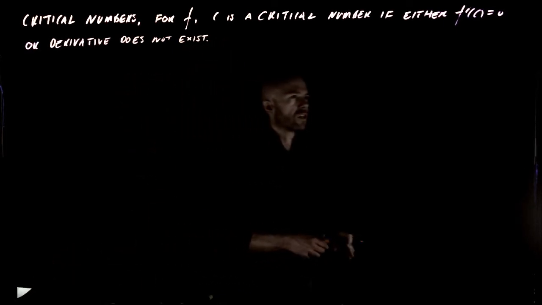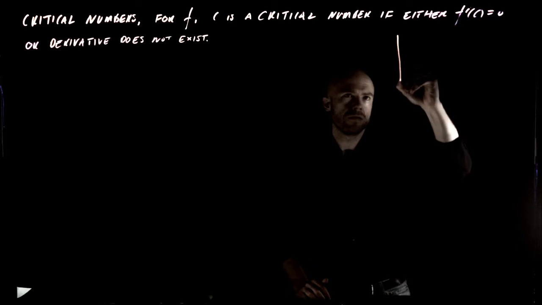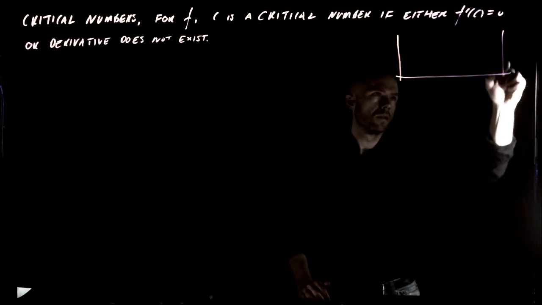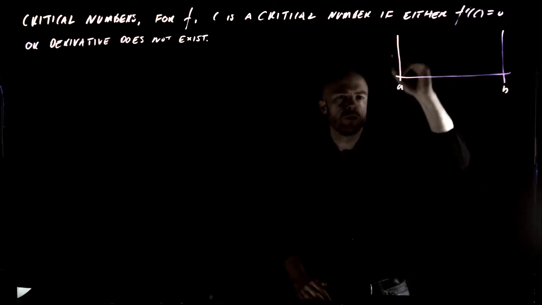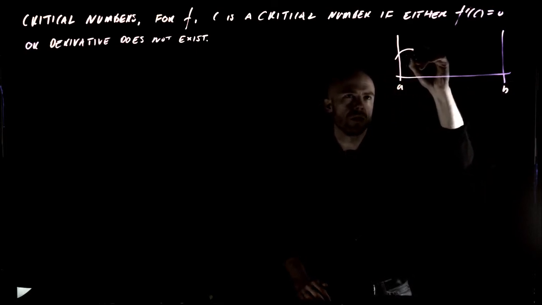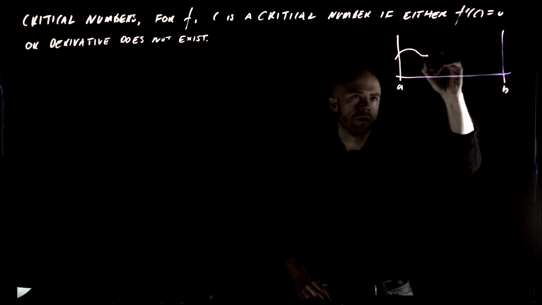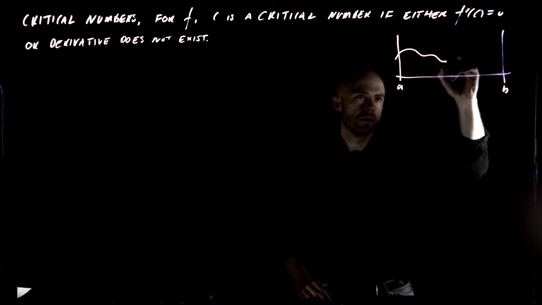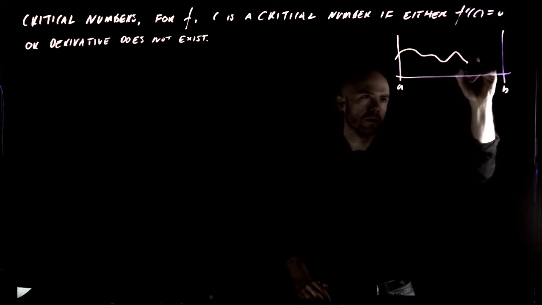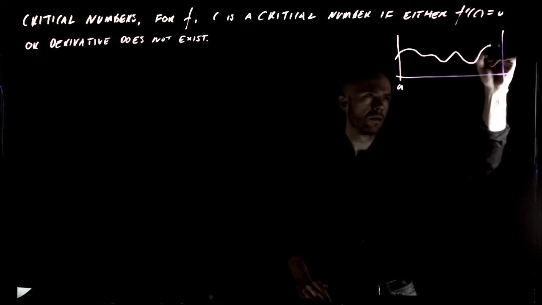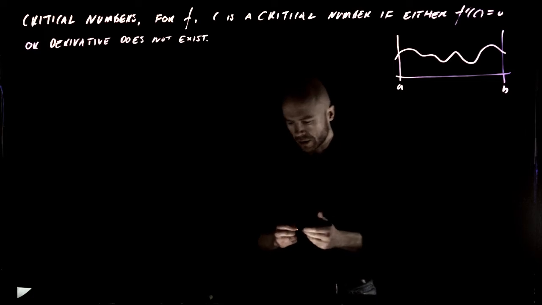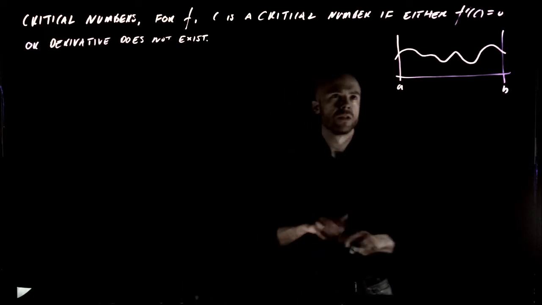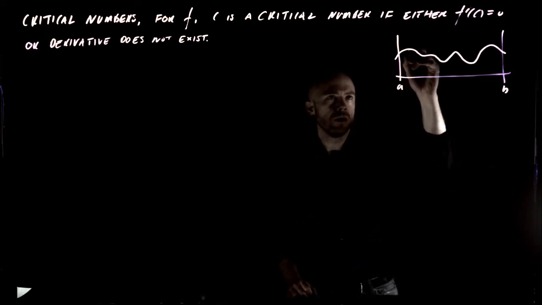Okay, so if we draw a graph, and let's say this is A and this is B, and we have some function that does something like this, okay? Let's identify all the critical numbers. So there seems to be one here, right?